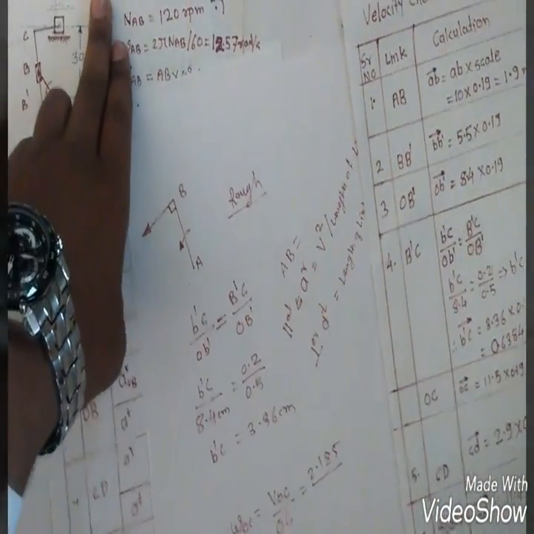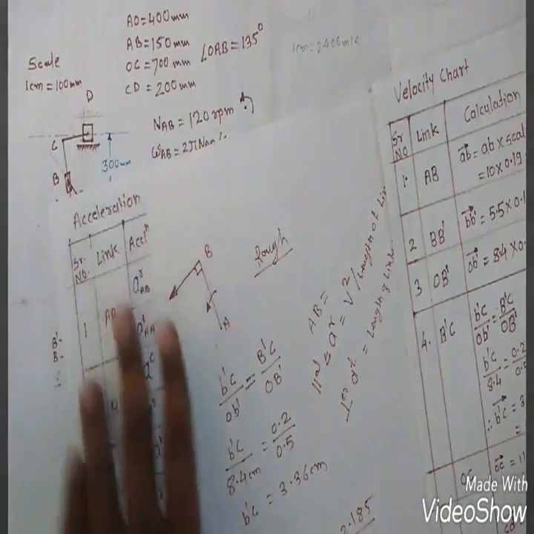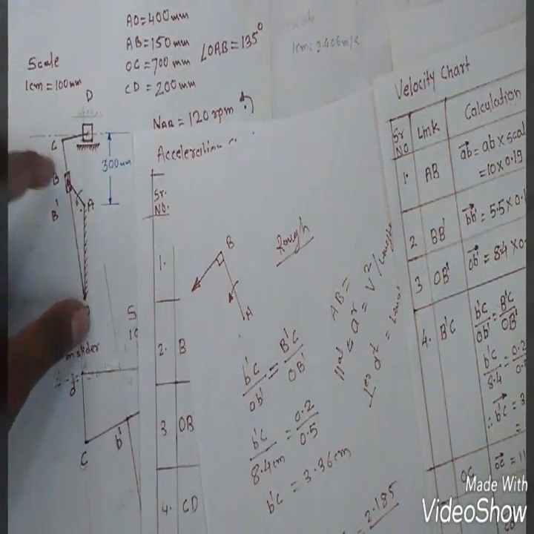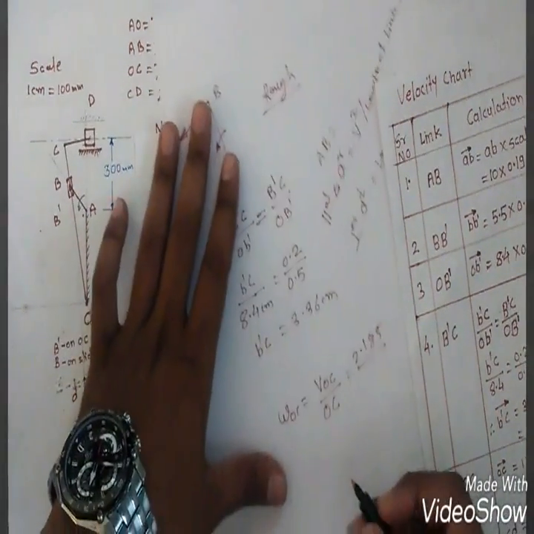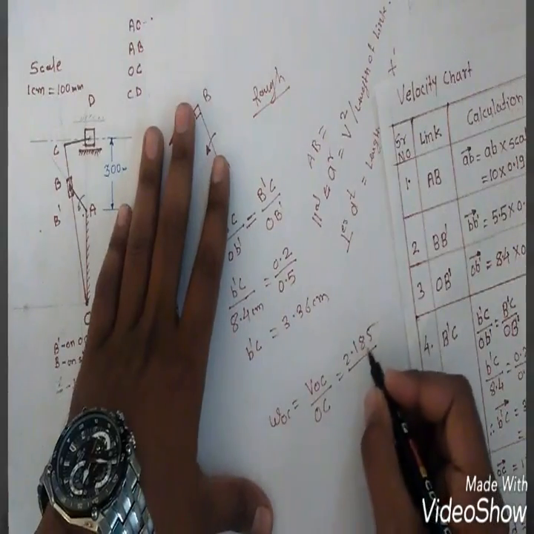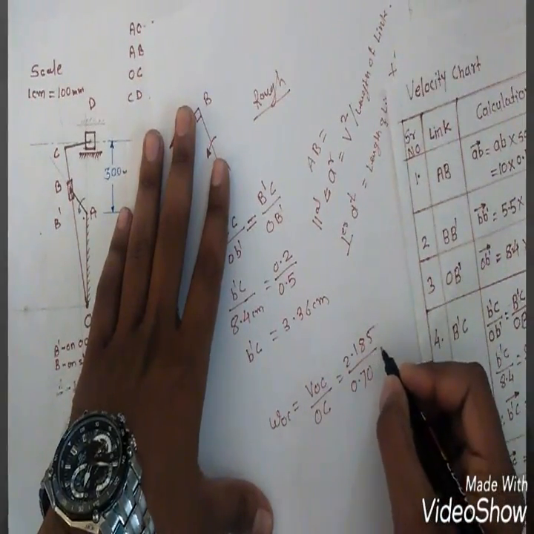OC is given in the given data, 700 mm, or you can measure this distance OC. Therefore, 2.185 upon 700 mm, that is 0.7 meter.